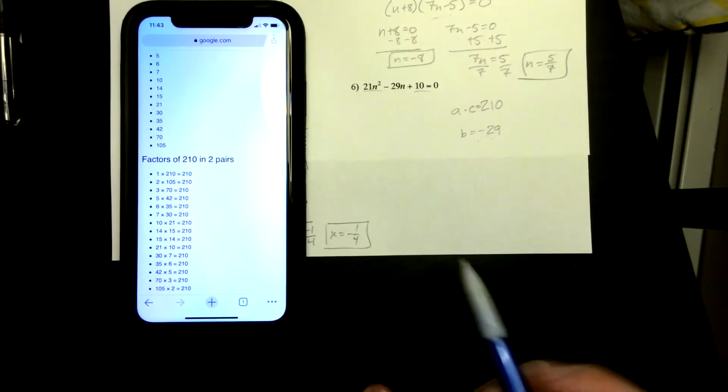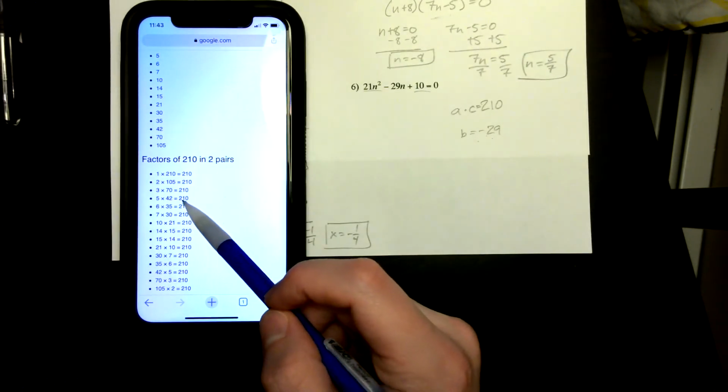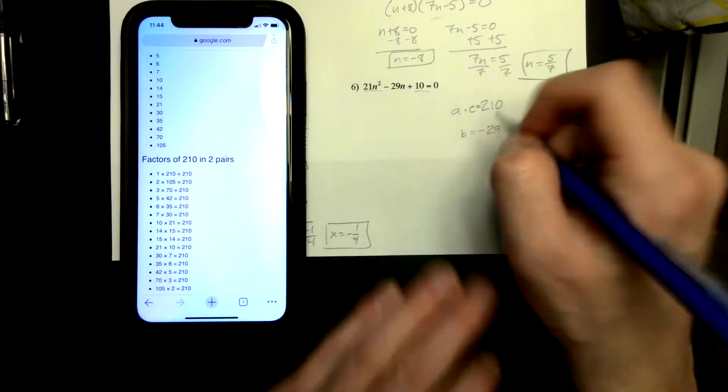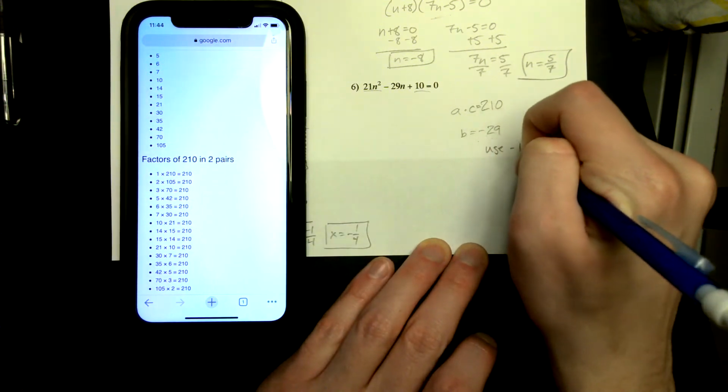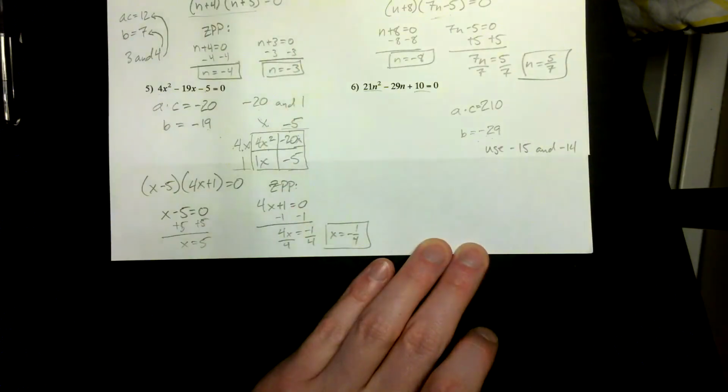And, okay, so here they are. Which one adds to 29? I think it's this one, 15 and 14. 15 and 14 add to 29, and they multiply to 210. So let's make them both negative. And then we're good to go.